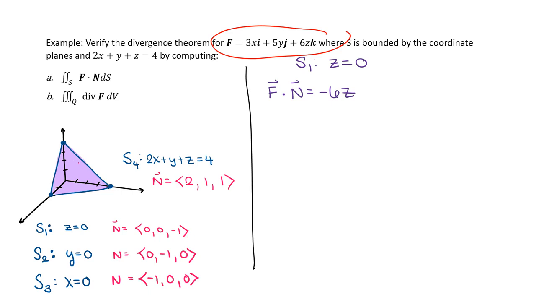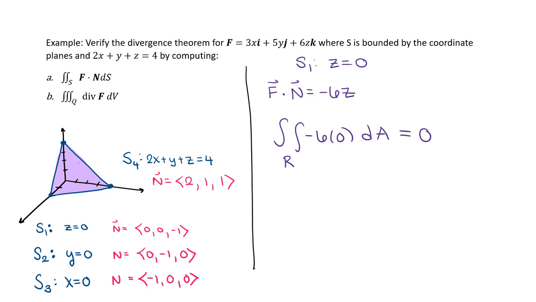I end up getting negative 6z. But then, if I plug the equation of my surface into that expression, my surface is always z equals 0. So I end up getting negative 6 times 0, which is just 0, and this integral is going to turn into 0. So you integrate 0, you get 0.